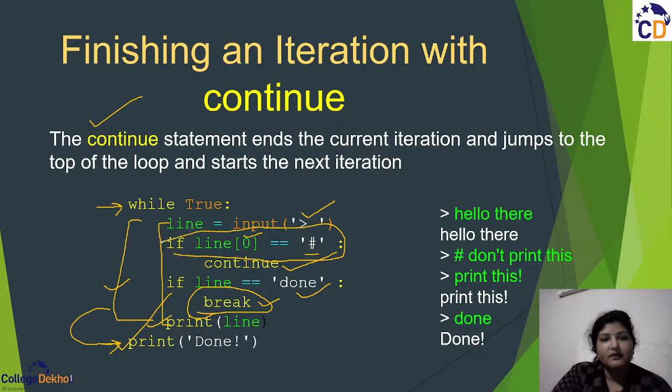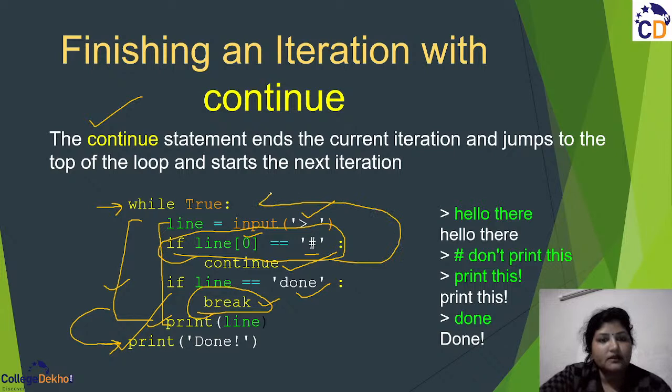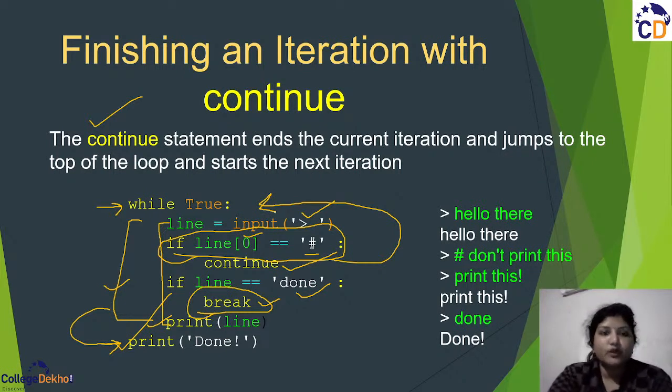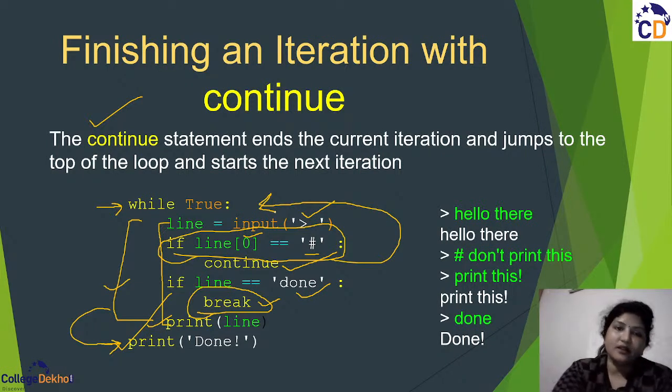It is coming out of this iteration and directly going to the starting of the loop, right? So these are the two keywords that we have in our programming. What are those two? They are break and continue.